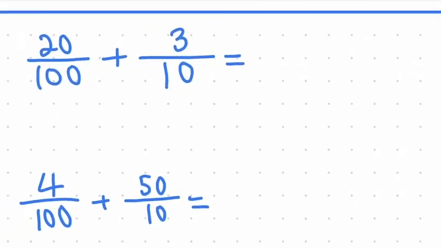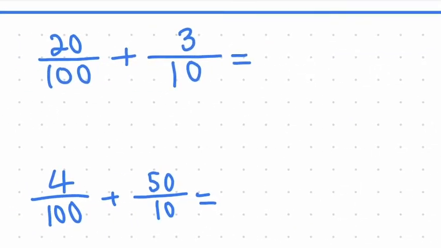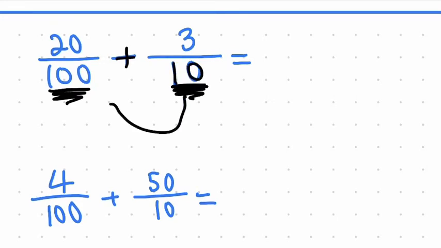Now, if we look here, again, we're adding these two, and these denominators have to be the same. So in order to get 10 equal to 100, what did you do? You multiplied by 10, right? So you can multiply 10 here, and you can multiply 10 here, because whatever you do to the denominator, you have to do to the numerator.